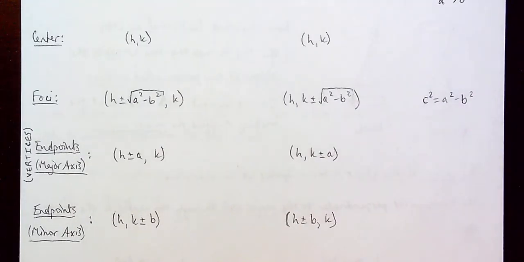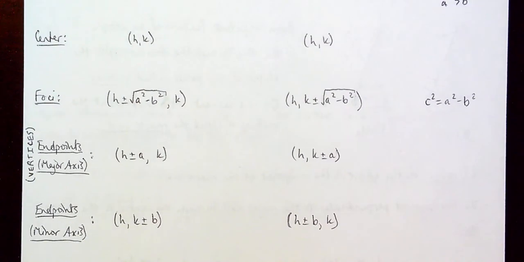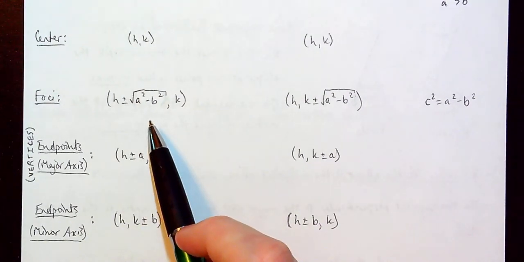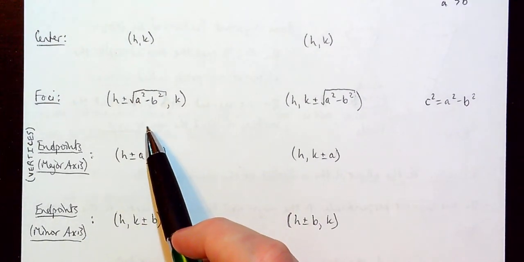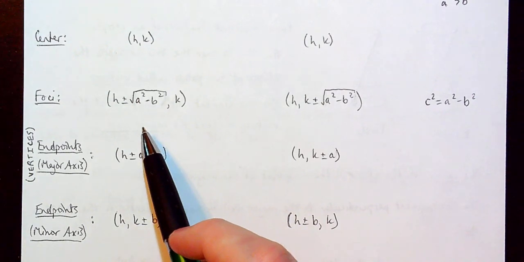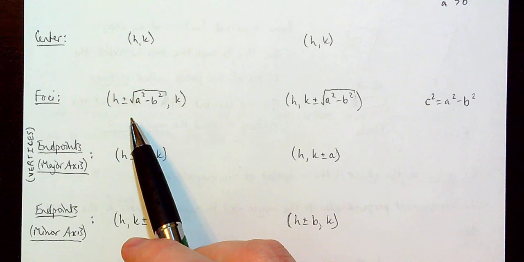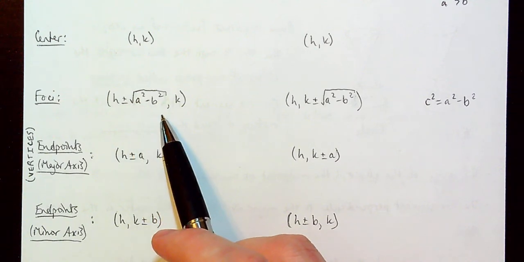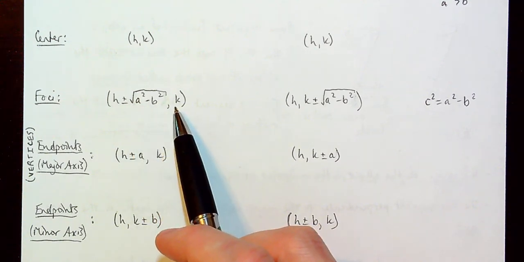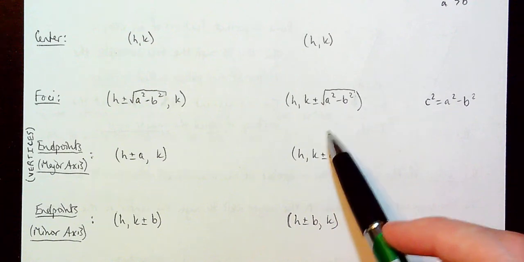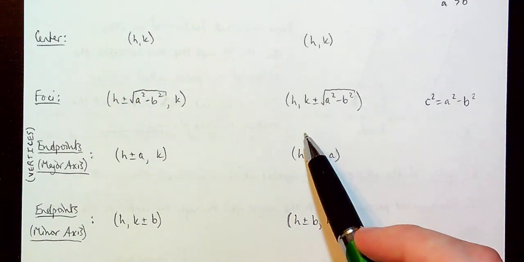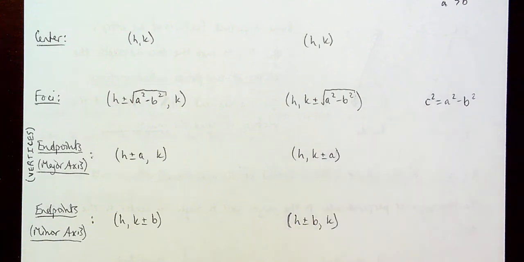The foci: if you have a horizontal major axis, the foci are going to occur at two ordered pairs. It's h plus or minus the square root of a squared minus b squared, comma k. If your major axis is vertical, your foci will be at h comma k plus or minus the square root of a squared minus b squared.